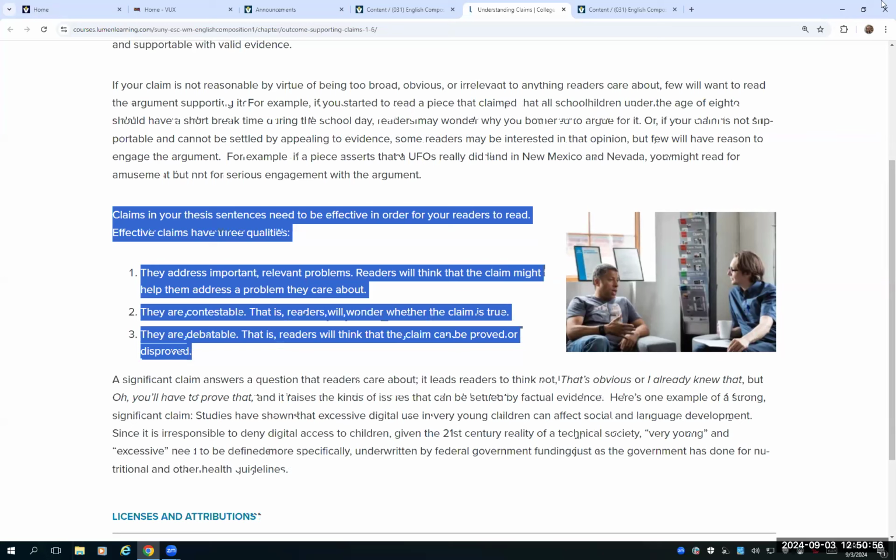You're also looking for something that is, and this is number 2, contestable. Contestable means that it can be questioned, that readers will wonder whether or not the claim is true.